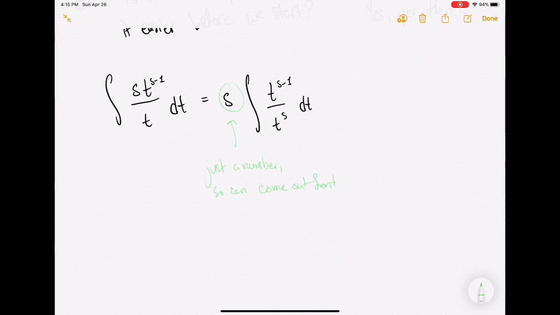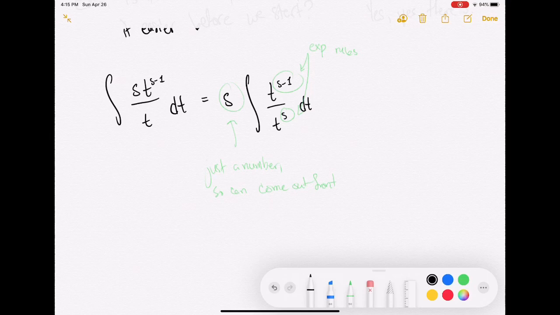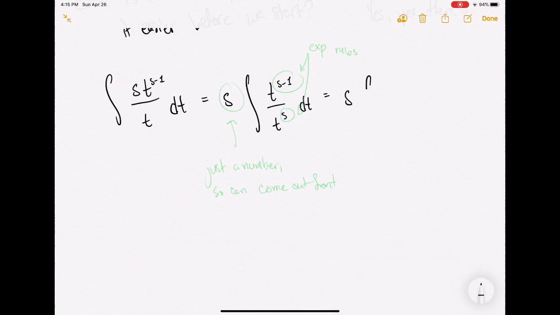And then we can use exponent rules. What does that give us? That gives us s integral 1 divided by t dt.